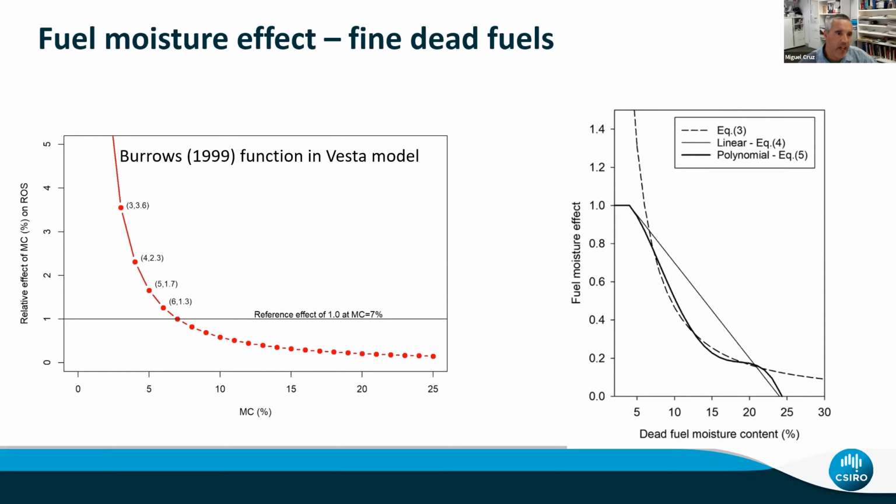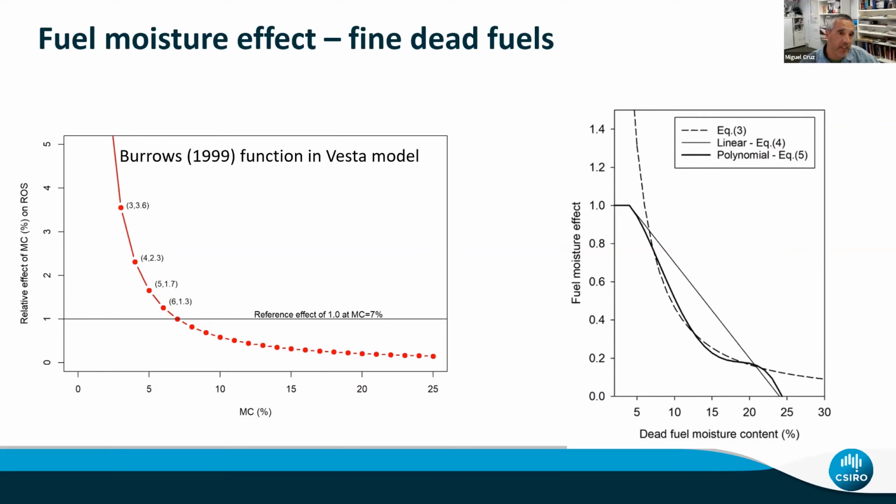But as you can see there, as the fuel moisture goes below 5, this kind of approach is saying that rates of spread are going to increase. In this graph, you see the fuel moisture paired with the fuel moisture effect, and this kind of model is going to suggest a further increase in rates of spread with a decay of fuel moisture below this 5%, which we didn't observe in that wildfire analysis.